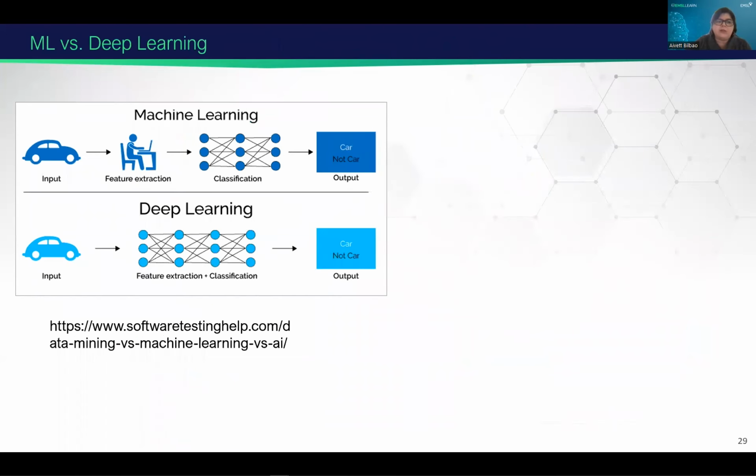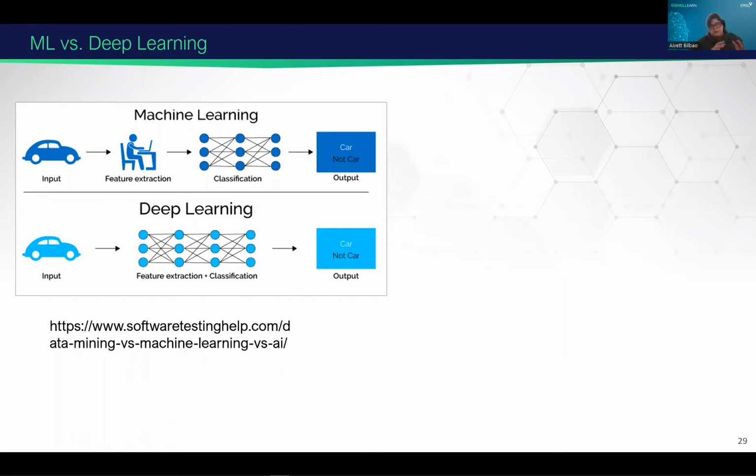So now what we are doing is using more deep learning. The difference between machine learning and deep learning is basically that in deep learning models, instead of a human doing the feature extraction and telling the model exactly what features to use to make the discrimination for the classification, the model will learn that by itself.